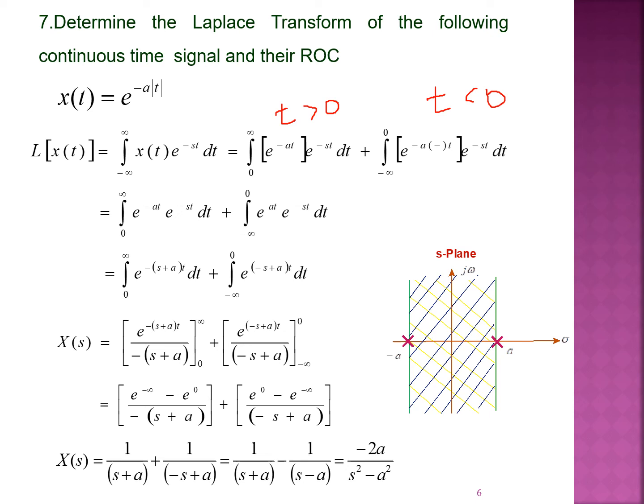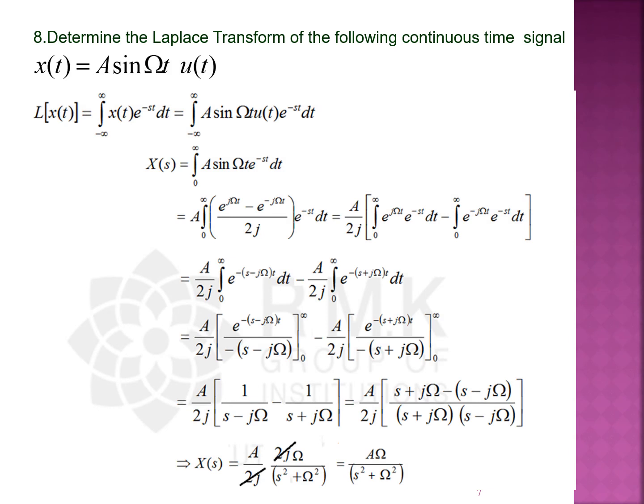Now apply the limits. So what I get is 1 by s plus a plus 1 by minus s plus a. If I take this minus here, it will be 1 by s plus a minus 1 by s minus a, which is nothing but equal to minus 2a by s square minus a square. Correct? Next problem. Let us go on to the next problem.